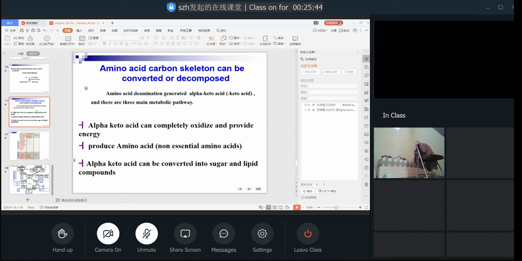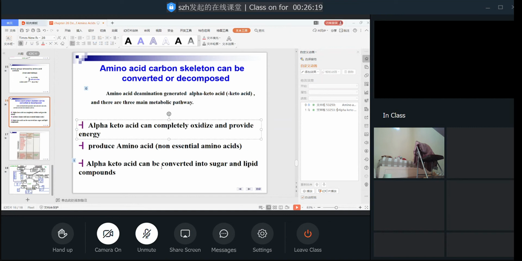For example, you can see amino acids completely oxidized to provide energy. In another pathway, you can see they produce amino acids. Furthermore, the alpha-keto skeleton is transported to another site and used to synthesize amino acids and to synthesize the protein itself.